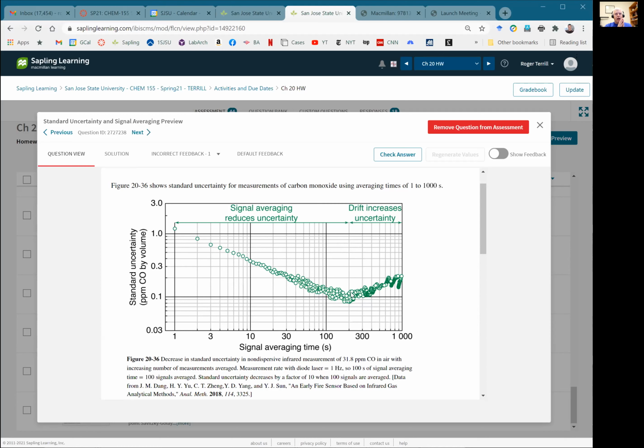Ideally you want to take a snapshot: at this point in time, what is the CO concentration? If you collect for 300 seconds or 1,000 seconds, then you begin to lose that resolution.